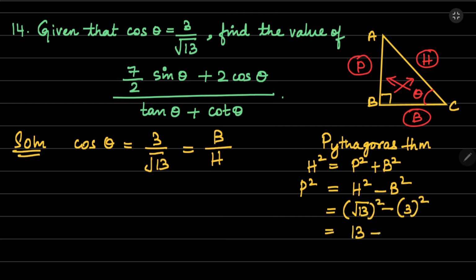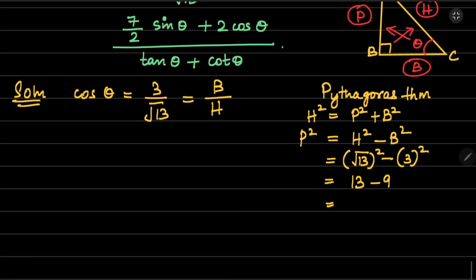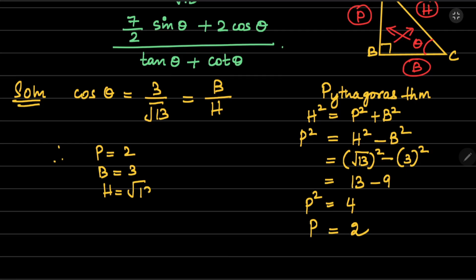So it's 13 minus 9, which is just 4. If p square equals 4, p is equal to 2. Therefore, you have p is equal to 2, b is equal to 3 and h is equal to root of 13.